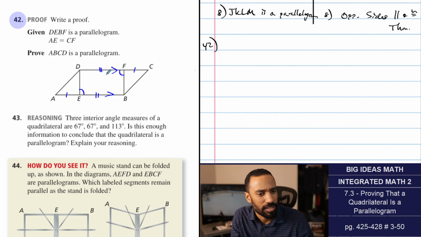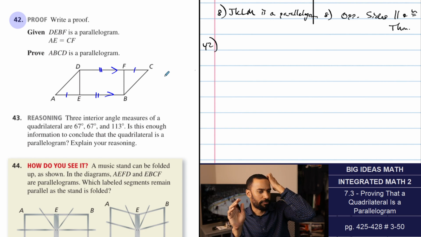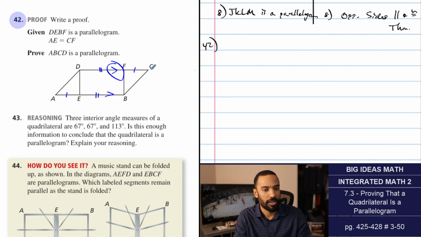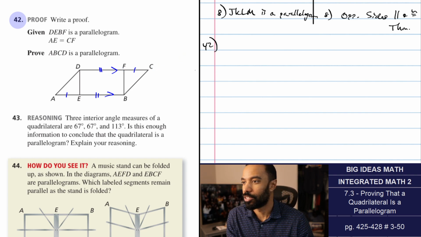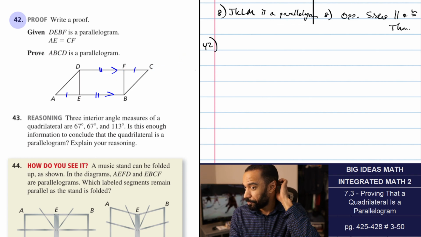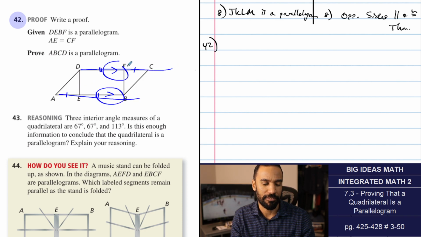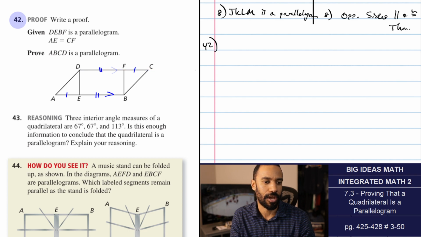Let's see. Sorry, I'm building it before I actually go to it. Oh, these are already parallel here. Duh. All right, let's go through it. The segment addition postulate will show these two are equal to each other. These are already parallel by definition of parallelogram. Okay, we got it.